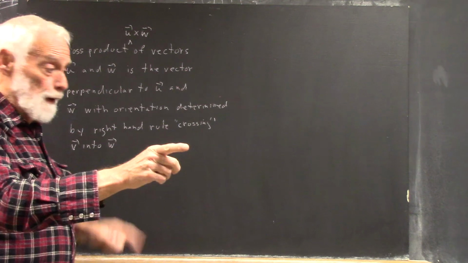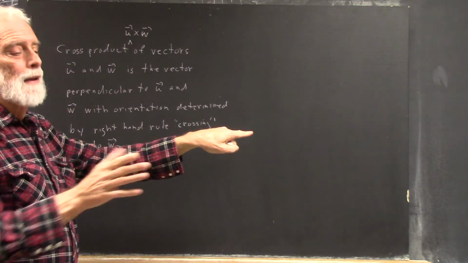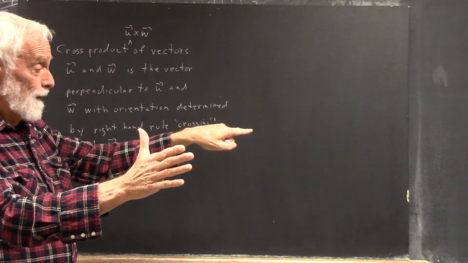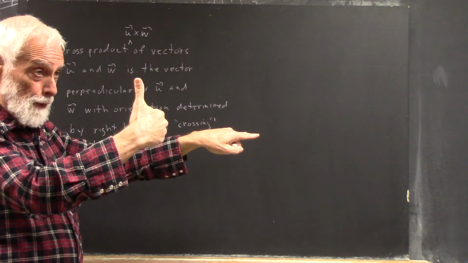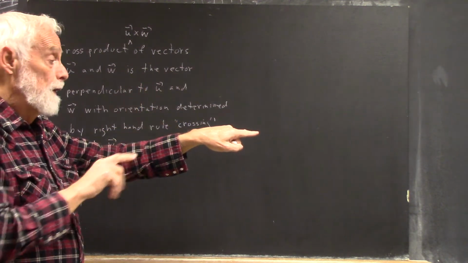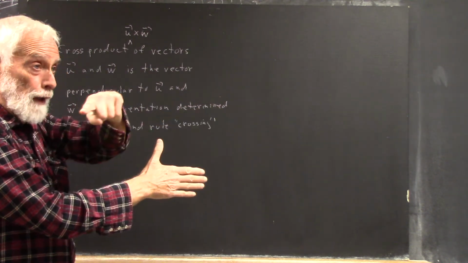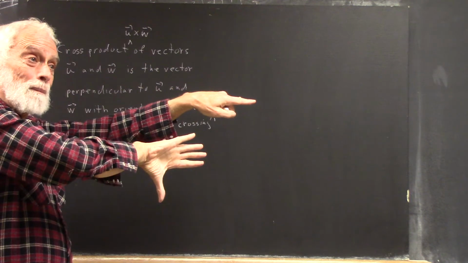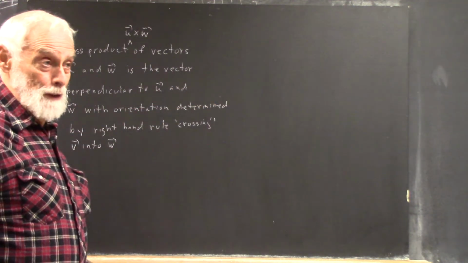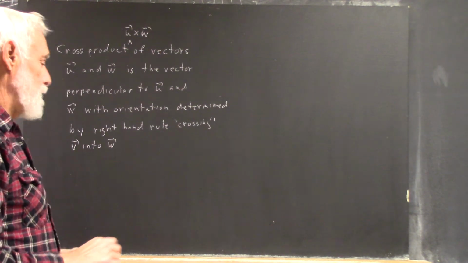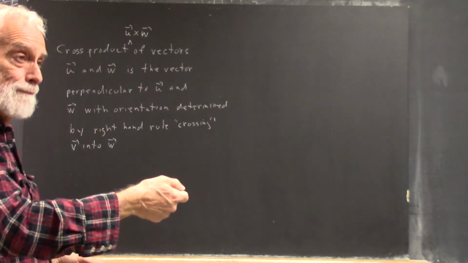If V is in this direction and W is in this direction, you put your hand like this. Here's V, and then you turn it toward W and your thumb gives you the direction. If you did W cross V, your hand would be here and you'd have to turn it toward that direction, which means you better turn your hand over and it's down. It's fairly simple.